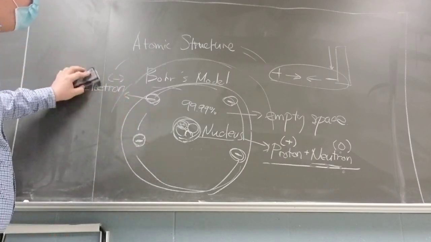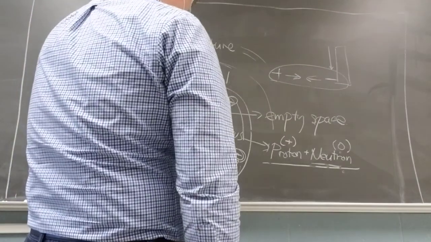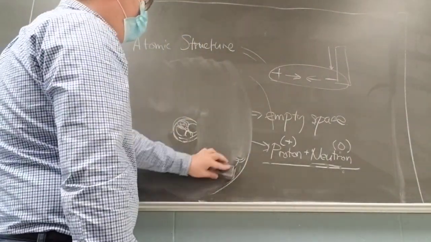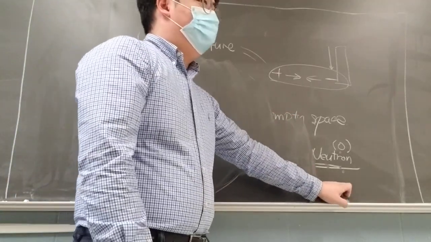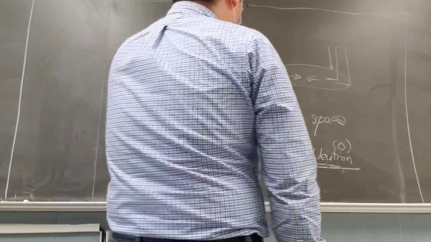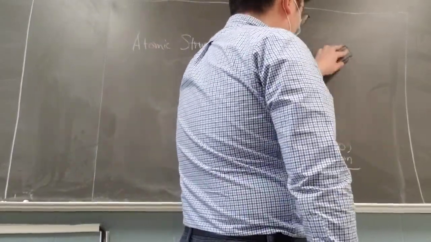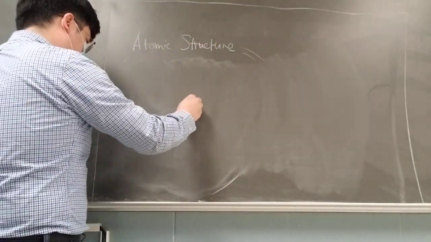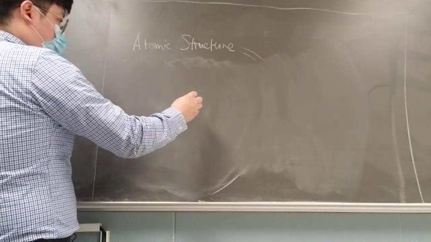So that is Bohr's model. But in modern physics, I don't know if you guys are taking Gen Chem 2 or organic chemistry, this is the classical model that Bohr suggested, and this is a nucleus.